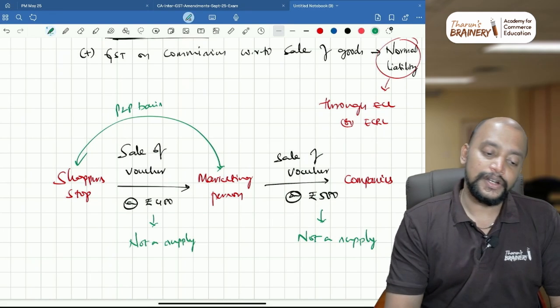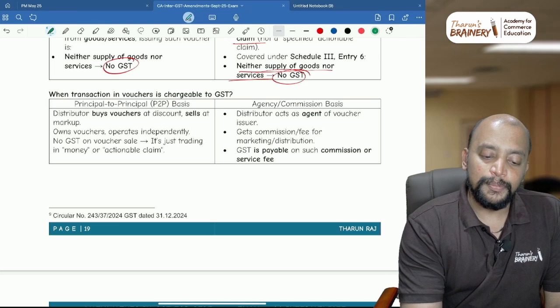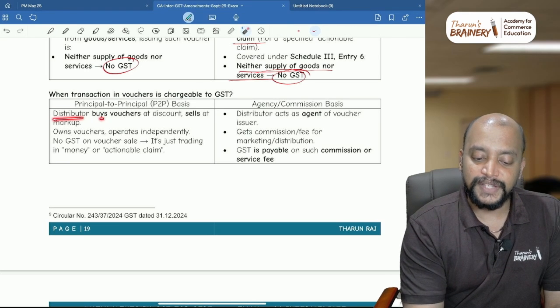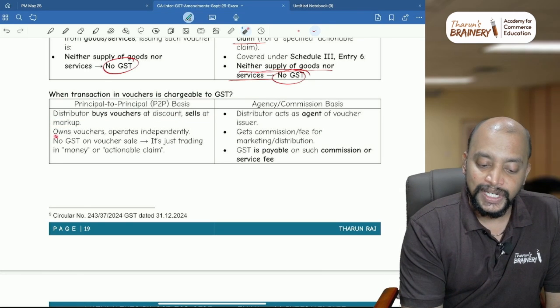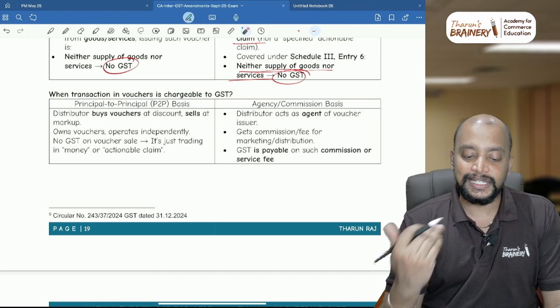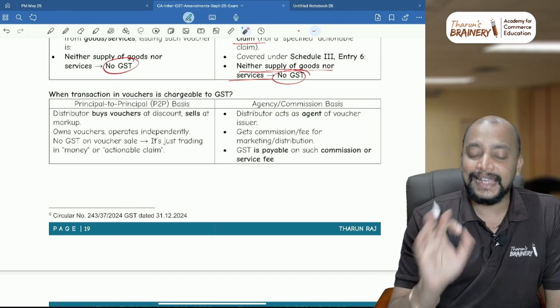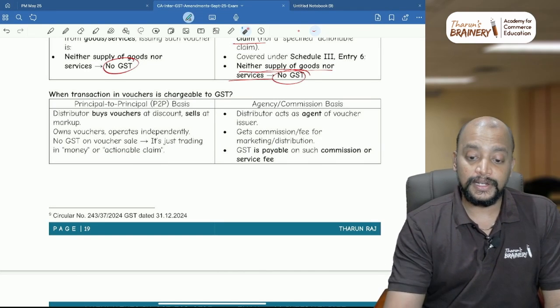Where is it given? See that. The distributor buys vouchers at a discount and sells at a markup. Owns vouchers, operates independently. No GST on voucher sale. It's just trading in money and actionable claim. So there is no GST on that.